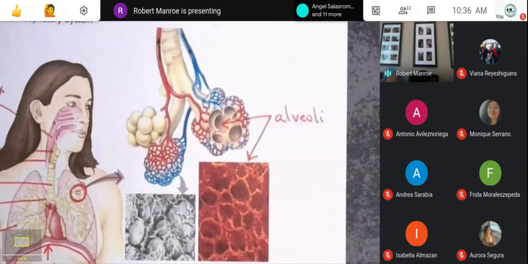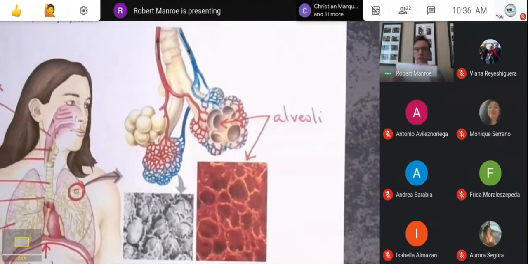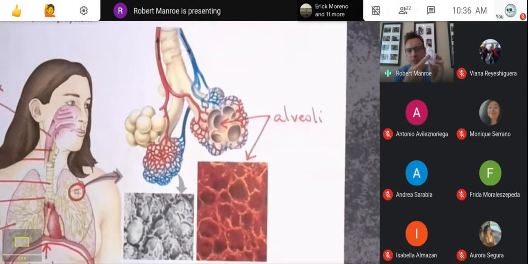So if I take a piece of paper, right? Imagine this, the size of a tennis court, and I crush it up to fit inside of your lung. What does the surface of it look like? Small. Okay. What's the surface look like?